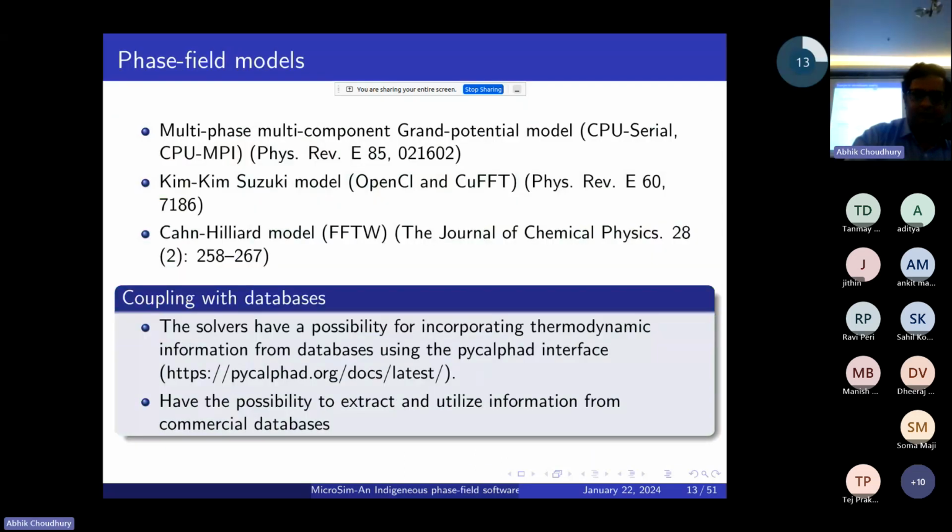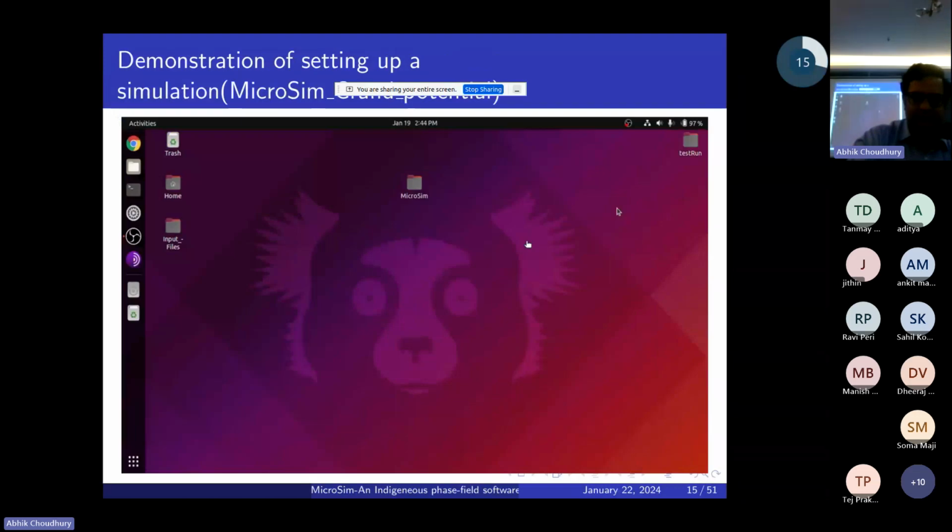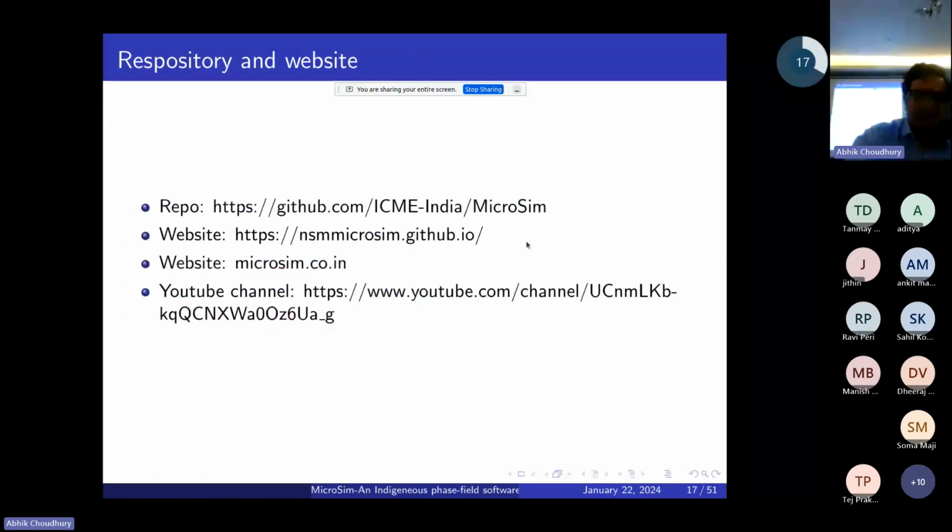I will cover this when I'm doing the GPU solvers later in the afternoon. I'll also give you a demonstration of how to set up the simulation later. But just for people who might not know, this is where our repository sits, in the IISc India GitHub account, where MicroSim is one of the repositories.